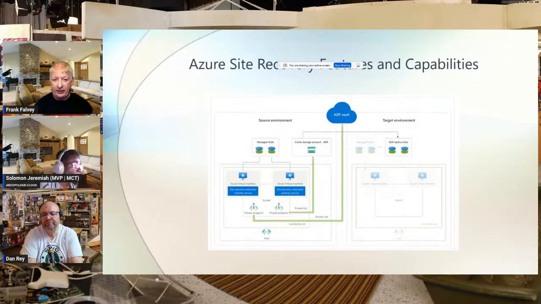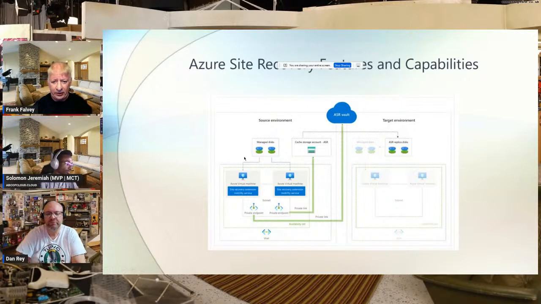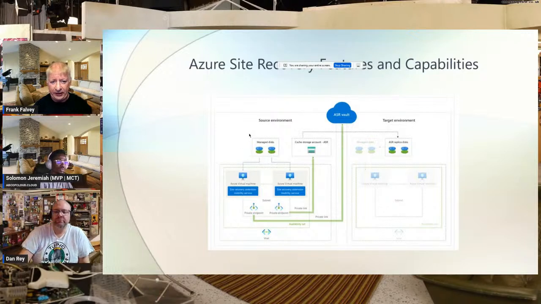So these are the features and capabilities. Over there on the left, you'd be using Site Recovery for the virtual machines, and this is how it's all connected together. First of all, you can create an Azure Site Recovery vault.